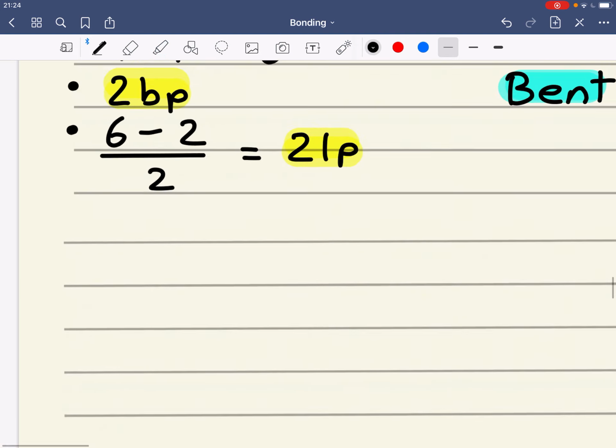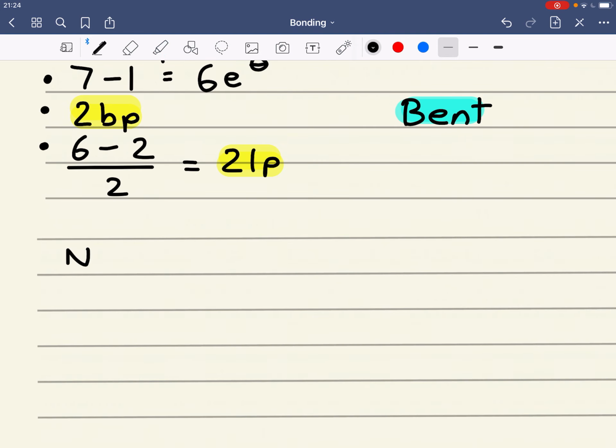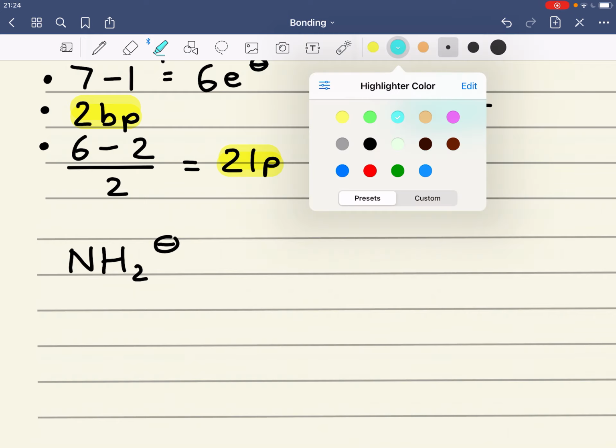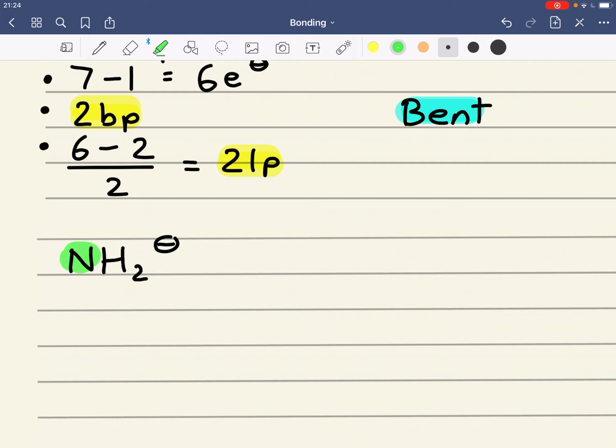Let's now have a look at a negative molecular ion, and we're going to have a look at an NH2 minus ion. Now, again, we identify the central atom, and we've got a nitrogen, and that is in group 5.